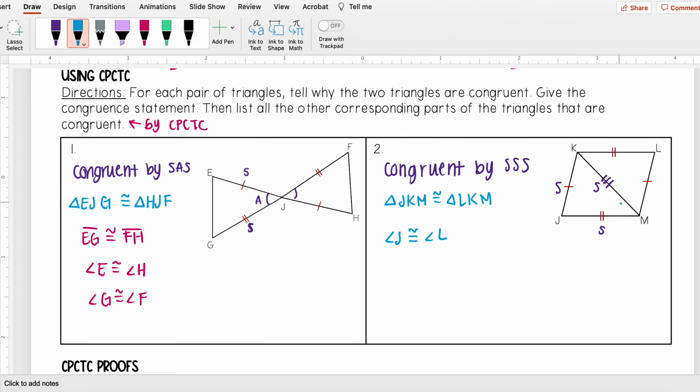So angle JKM is between the 1 and 3, and so that's going to match up with angle LMK, which is also between the 1 and 3 tick marks. And then just switching those around, angle JMK is congruent to angle LKM. This angle here is between the 2 and 3, and so that's going to match up with this one, which is angle LKM.